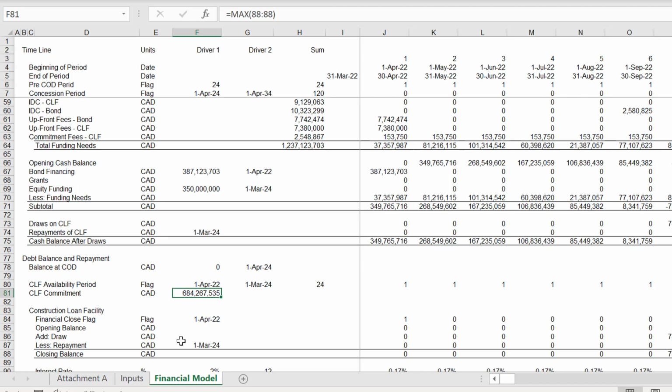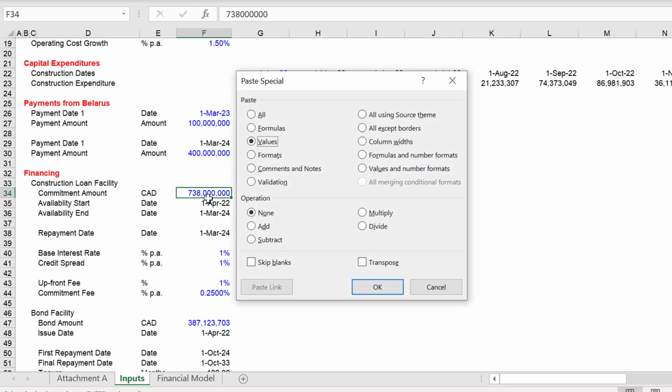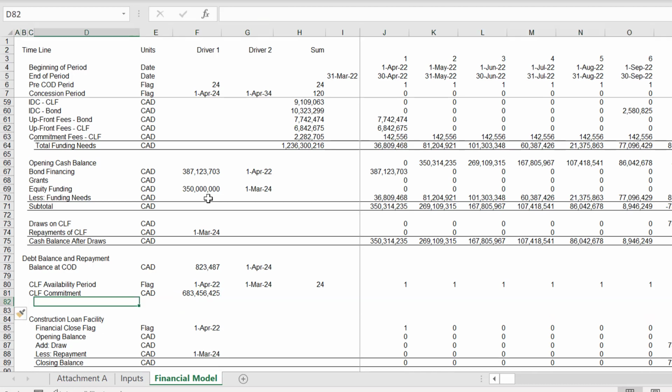Now our CLF commitment went to this. If I copy this and paste special as values, you see that this changed. So we have a little bit of a circular reference. What we could do is put down here a fixed commitment.